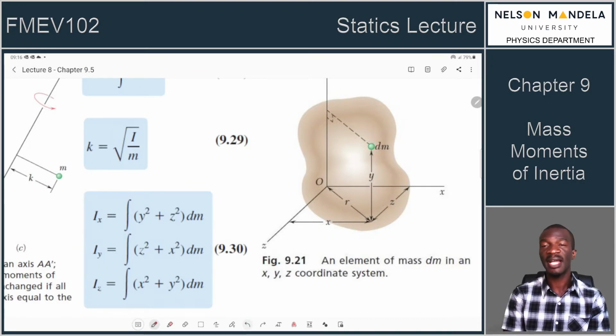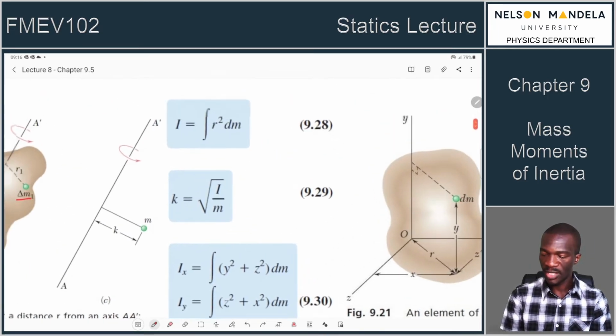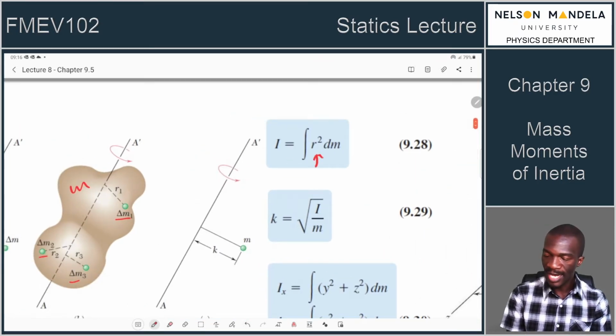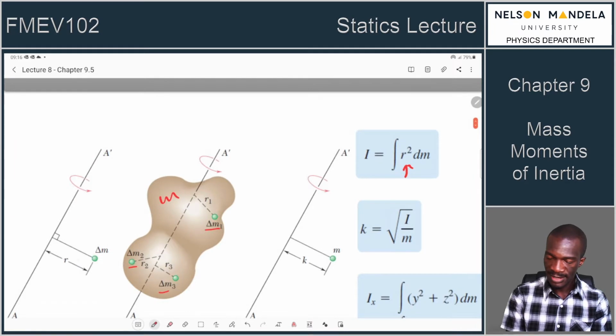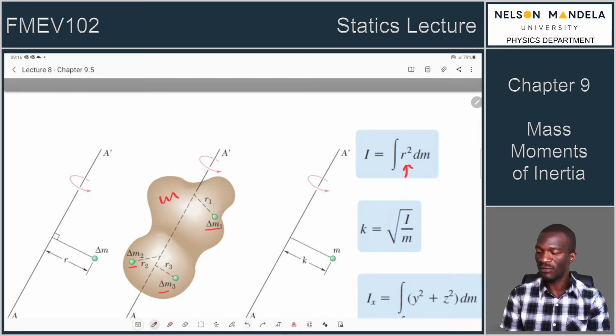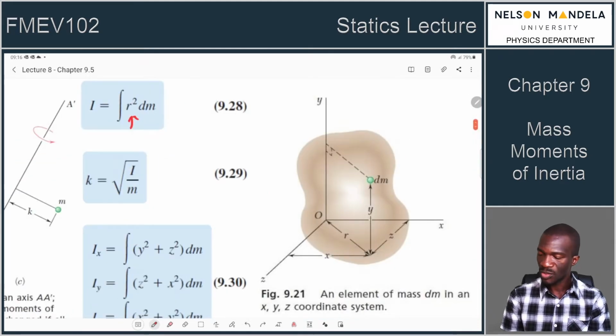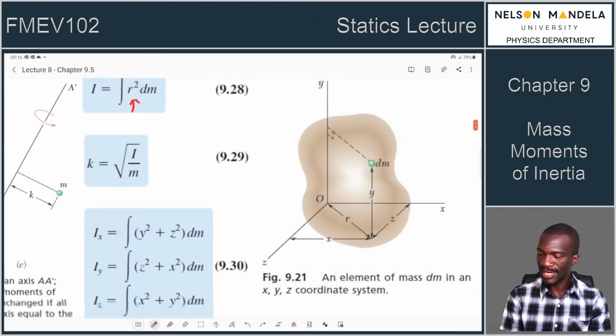So if we want to find the mass moment about the y-axis, let's start with that. Remember our equation, it gives us this format. And what is this r? It is simply the distance from the axis of rotation.